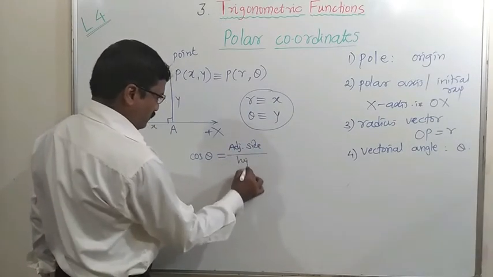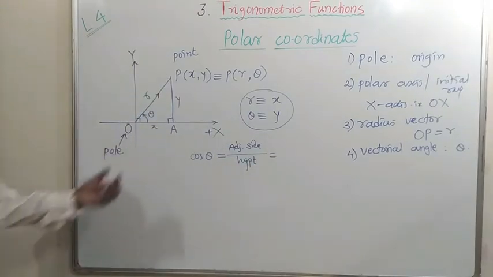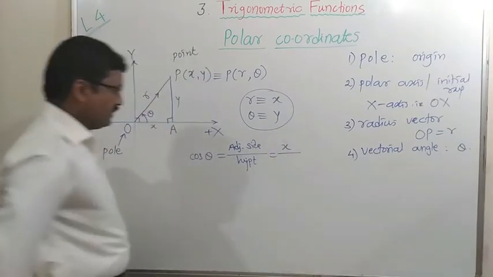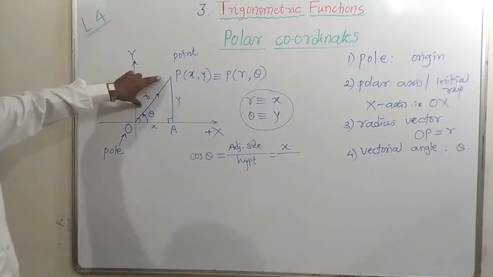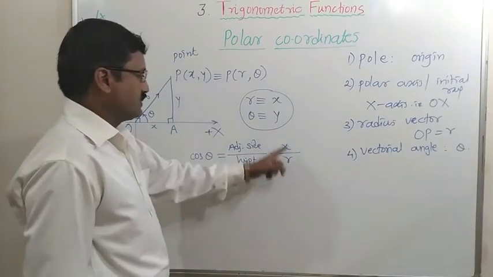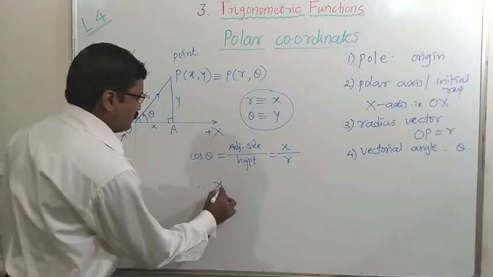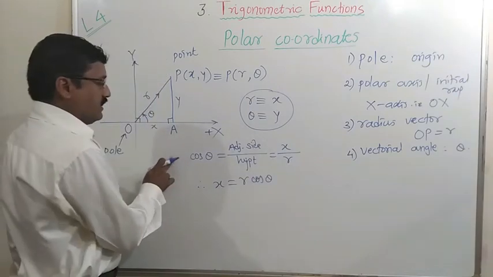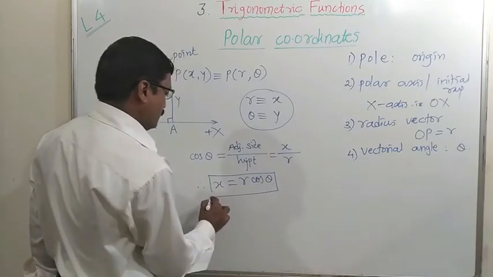The adjacent side is nothing but x, that is the x coordinate of the point P. Hypotenuse is nothing but the magnitude of this radius vector, that is r. So we get cos theta is equal to x upon r. From this we can write, taking r to the left, r cos theta is equal to x. So x is nothing but r cos theta.